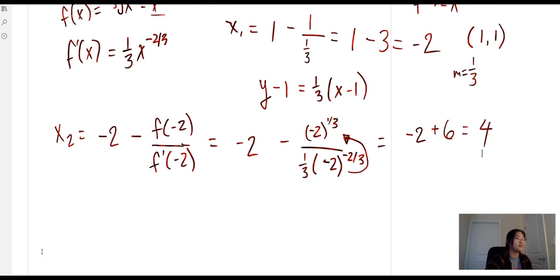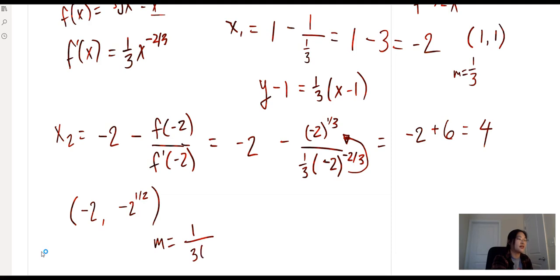Our line is going to give us, because we have the point (-2, (-2) to the 1/3 power), and our slope is 1/3 times (-2) to the 2/3. Oh wait, what is that? That can go up in the numerator, so that's what. No, that's in the denominator.